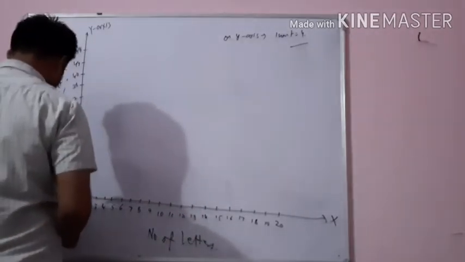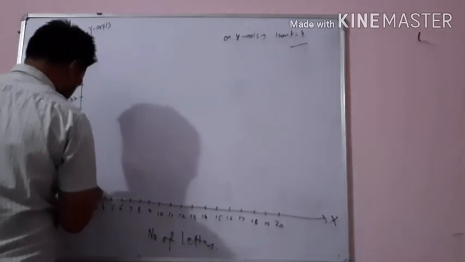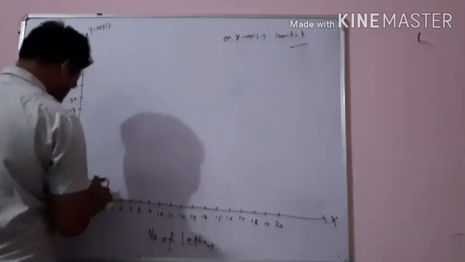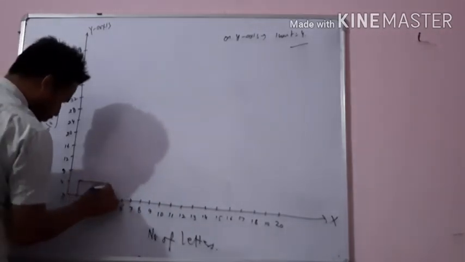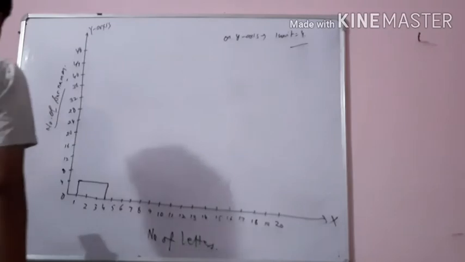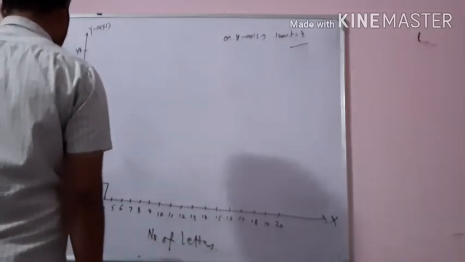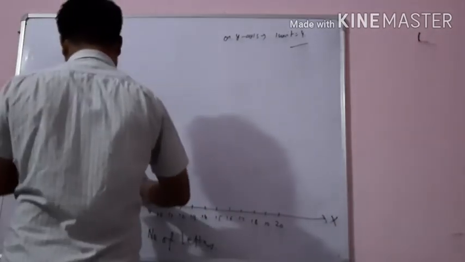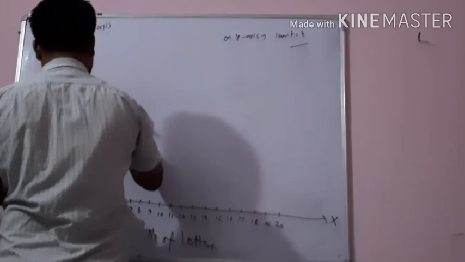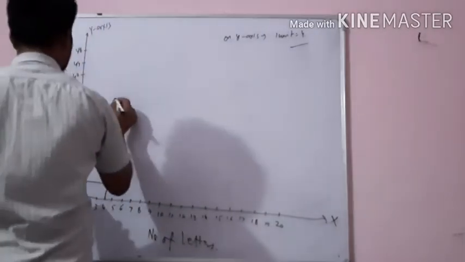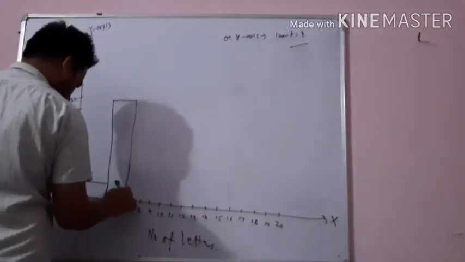So the 1 to 4 rectangle length will be 4. Now 4 to 6 length is 30. So 4 to 6 it will be 30. It will come in between 28 and 32.